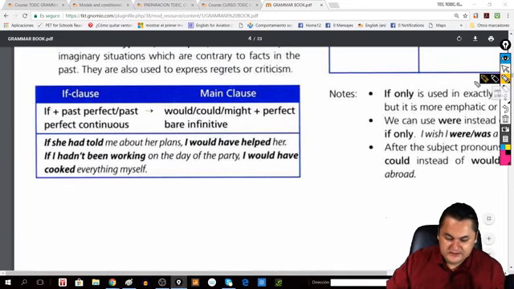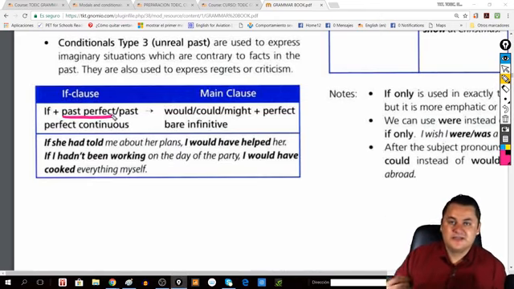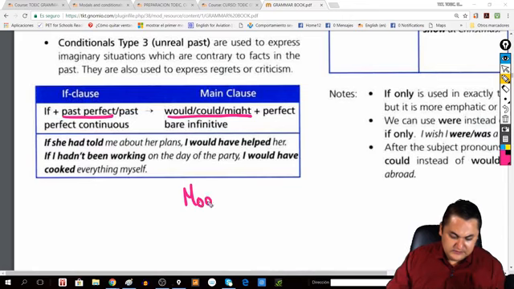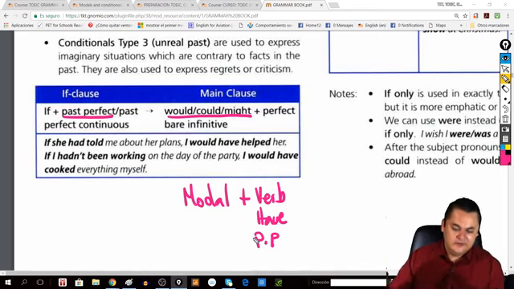And here finally, if the verb is in past perfect, the second part of the clause or sentence is going to contain would, could, or might, which is a modal, and that modal is going to be followed by the verb to have and the past participle of another verb.